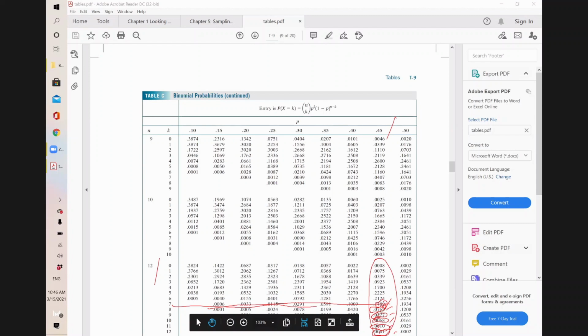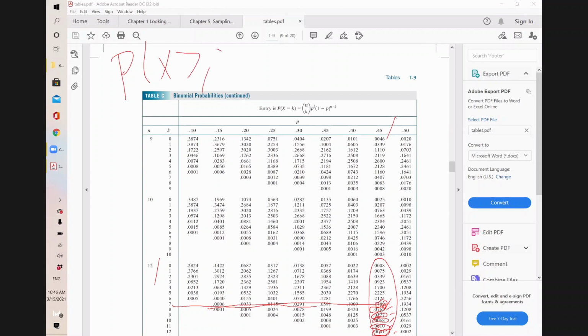Because remember, I have to evaluate the probability of x at least 7.